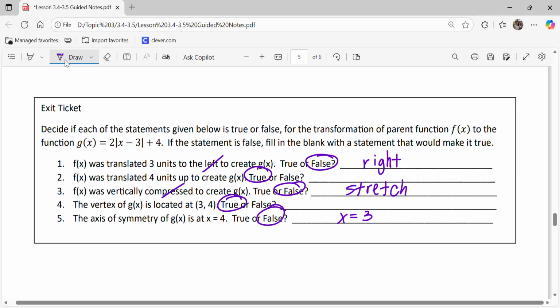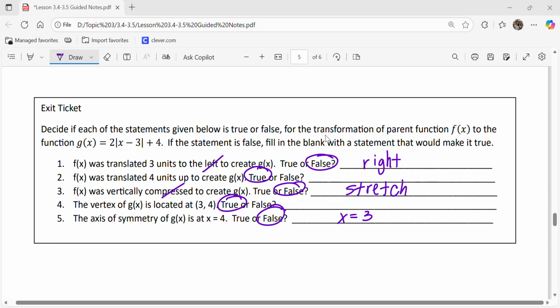Also, some things that are not in this packet. How do A, h, and k affect your graph?